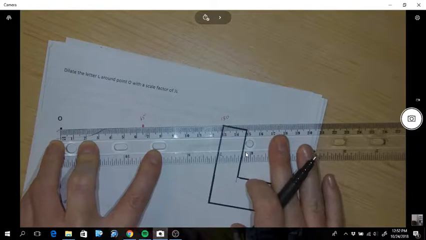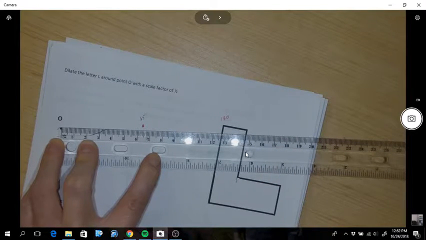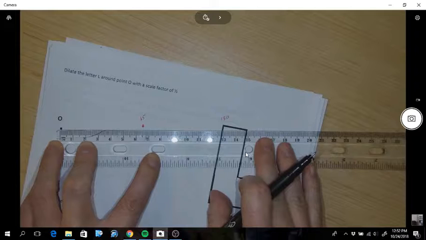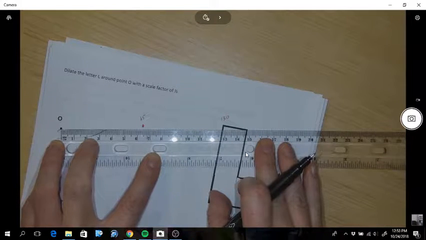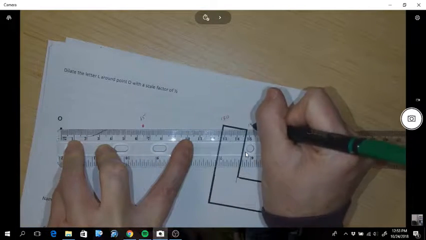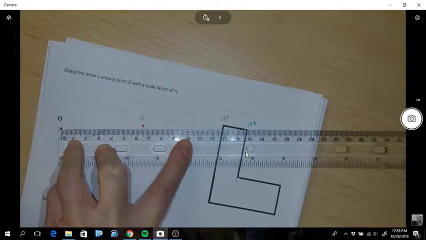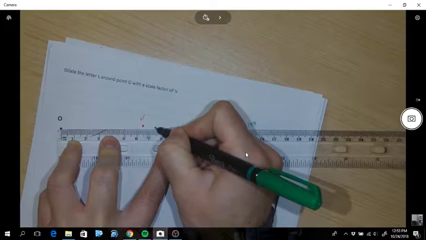See how I kept the same line? Okay, now I'm going to get a new point here. So that's 149. So halfway is 74.5.